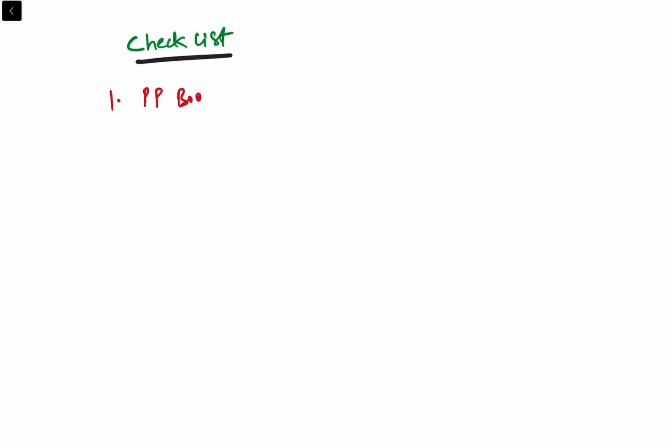Coming to the checklist, what are the major things that you have to keep in your head when you're talking about this particular subject? Must do or mandatory to do. The first one is your PP books.